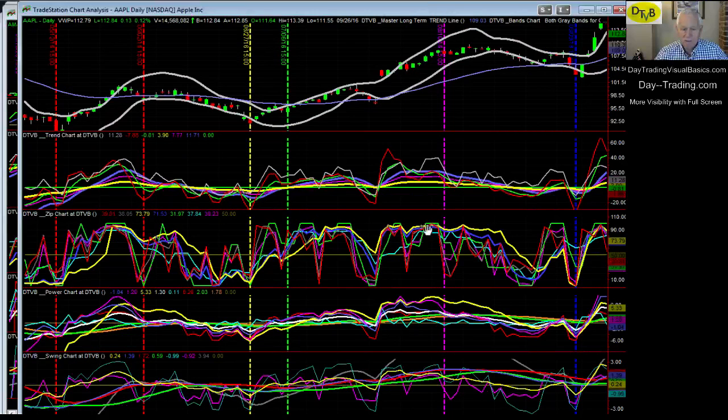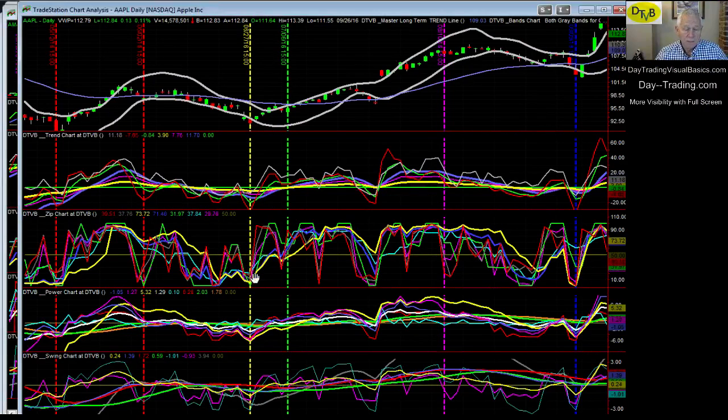But the key piece of information, again, is down here in your zip chart. Zip yellow and zip blue remain high, specifically zip yellow. Zip yellow right here is at 95. Now, just as an example, go over here to the left side of this yellow vertical line.